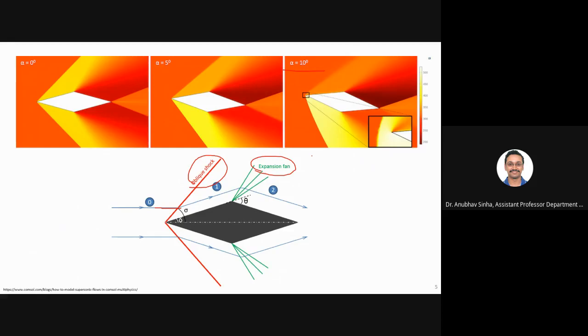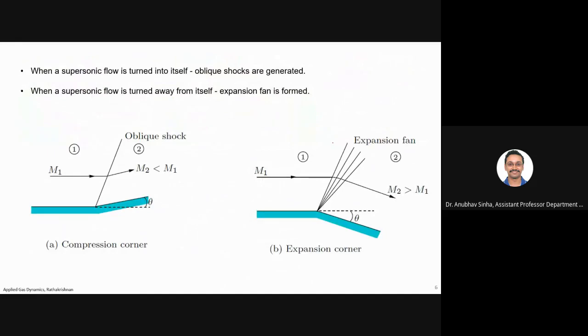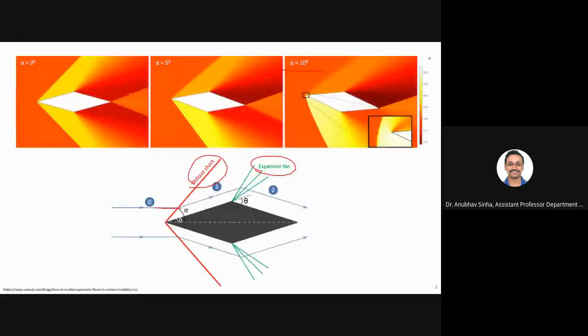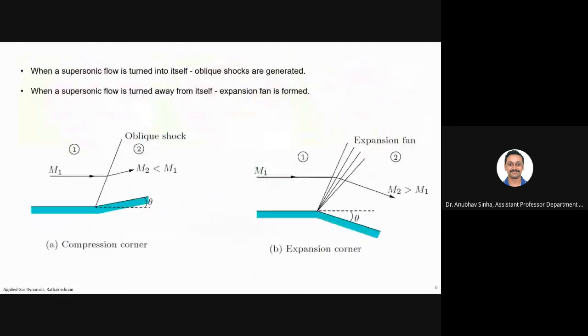Okay, moving on. So this is about any obstacle, right? Other than that, let us say the passage is turning like this, or there is a step or a corner.